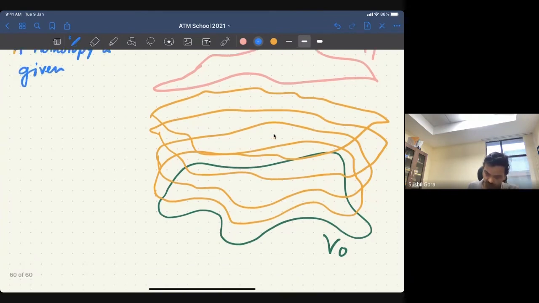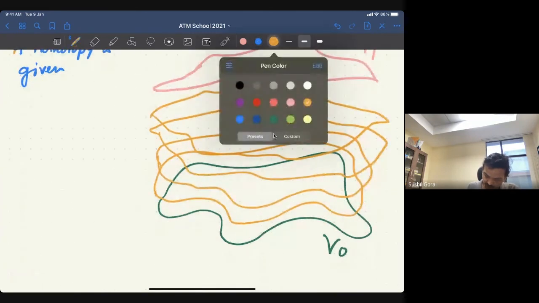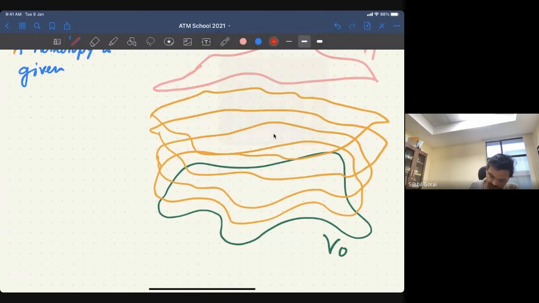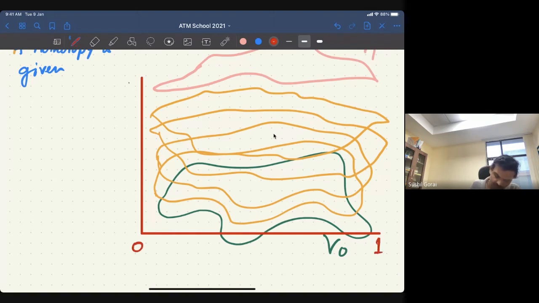So which means you have this side 0, 1. You have this side also 0 and 1. So 0, 1, here also 1. And corresponding to each s, you have a curve, and the curve is given in terms of the parameter t.